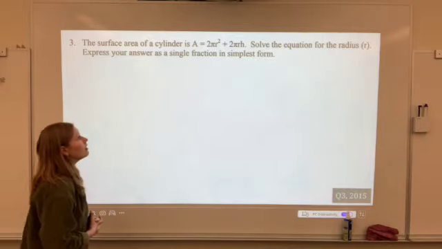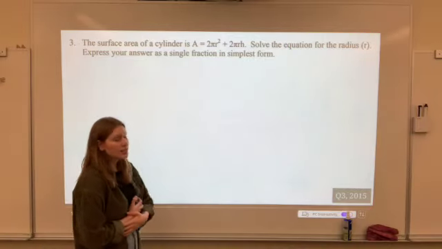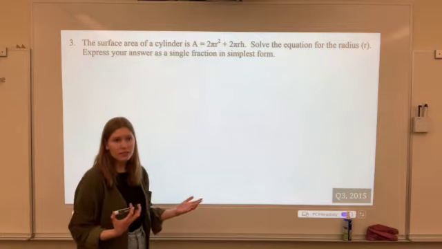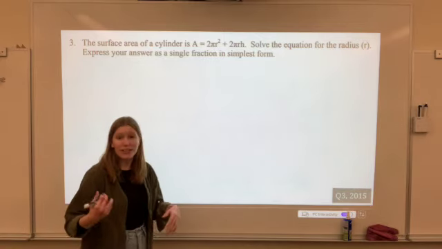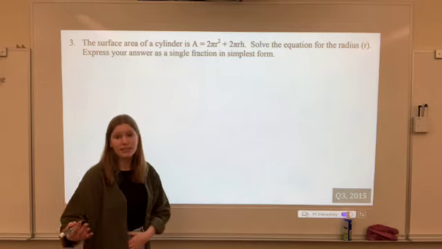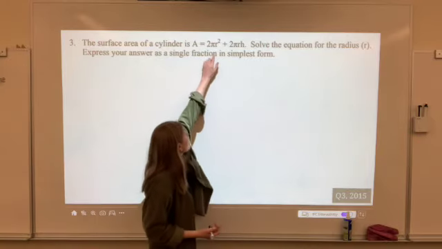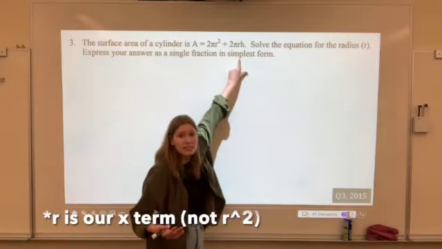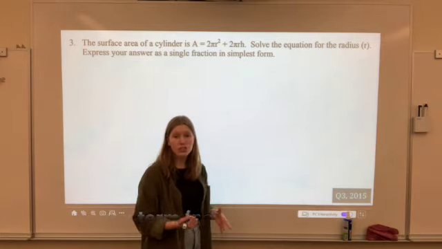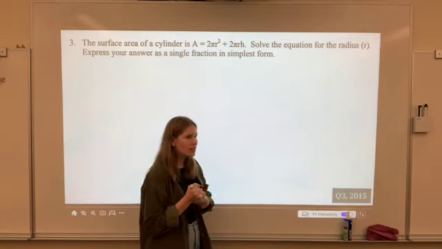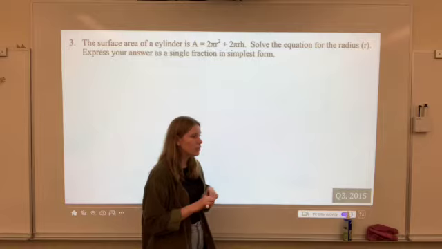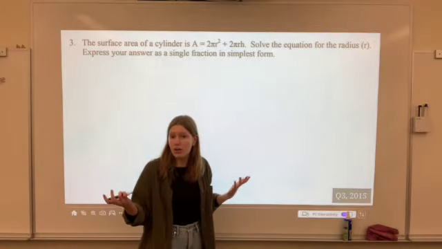Okay, something that jumps out at me right away is this looks like a quadratic. This is really important, recognizing patterns, like the problem that we previously did with the quadratic formula. If you notice, it looks like r squared is basically our x squared term, which is very convenient. If we were to plug this into the quadratic formula, we would be solving for r.